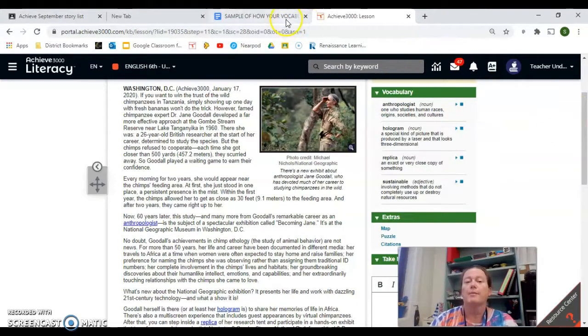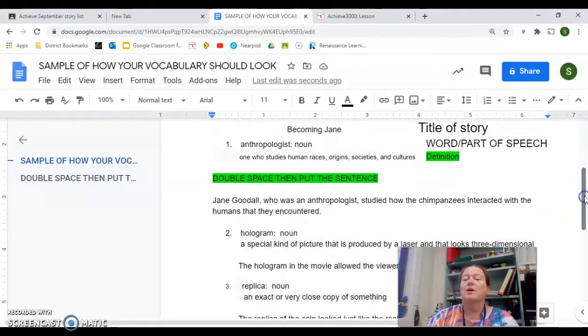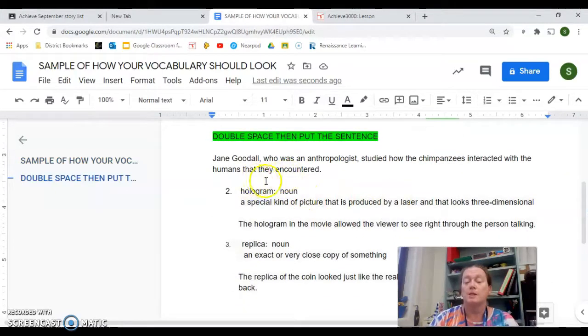You can do that. I'm not going to do it because it's going to take me 3 minutes just to get that in there. So after you've done that, then I want you to double space and put your sentence so it's set apart from the rest of the words. And that is so that if I need to write anything in there to give you some feedback over why your sentence may not be correct, then I can do that. I have space. So you'll double space here, and you will probably double space here.